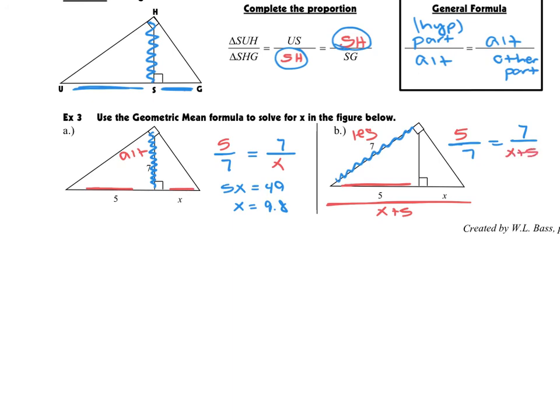I can go ahead and cross multiply. 5x plus 25 equals 49. 5x is going to equal 24. It's not going to be a nice answer for us, and that's okay. And x will become 4.8. Okay? So again, we're going to do a lot more examples with this in class, but just start to get comfortable with what those general formulas are and how to recognize them.